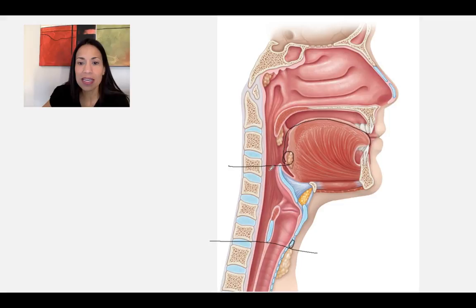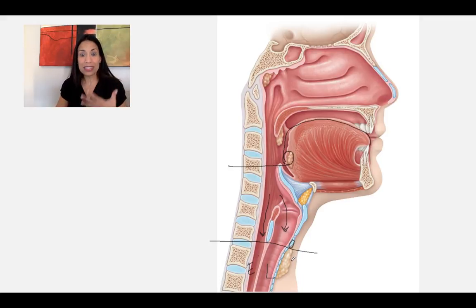And as you can see, again, this is a tube that is shared by the respiratory system, this is your airway, but also by the digestive system. This pharynx leads to the larynx anteriorly and the esophagus posteriorly.